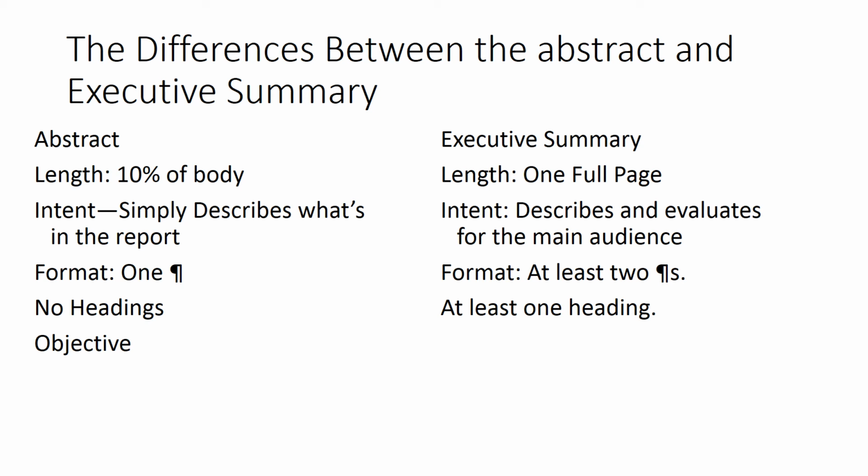But the abstract is objective in the sense that it does stick to describing what is in the article. The executive summary is subjective again because of that decision about what the writer thinks the reader will find most important, or what the writer may think they need to best support their perspective. But again, that's action on the reader when you're thinking like that.